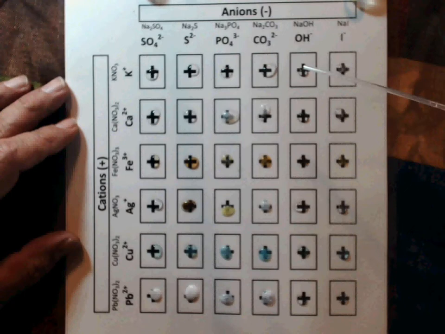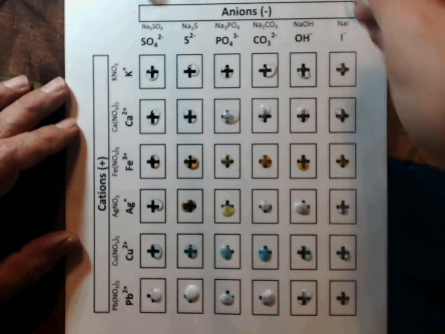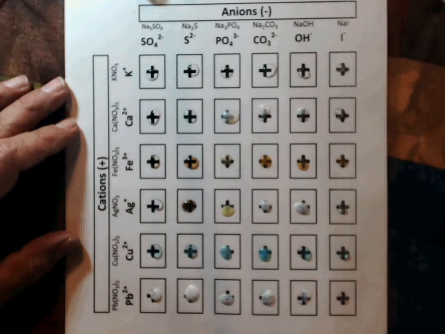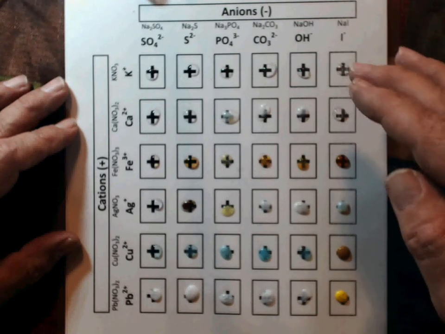The hydroxide, and lastly the iodide. So as you can see, some of these formed a precipitate and some did not.